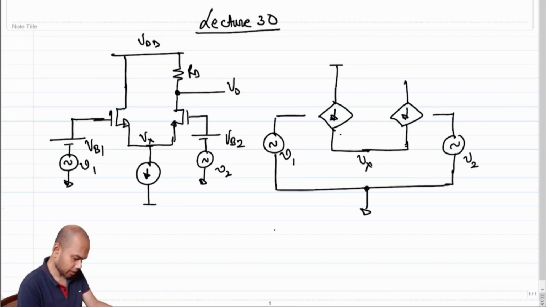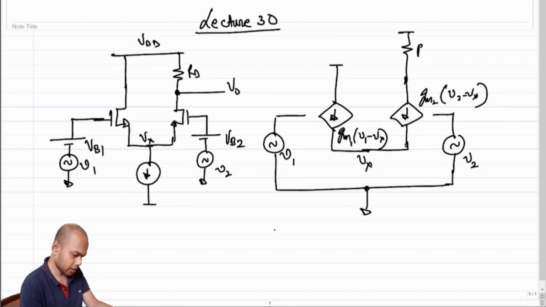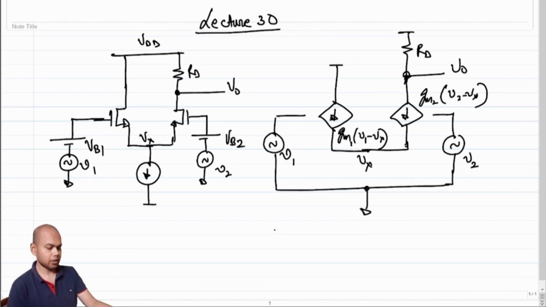So this current becomes Gm1 (V1 minus Vx), and the other current becomes Gm2 (V2 minus Vx), and this goes into the load resistance Rd, right? So this was the incremental equivalent of our structure, and we are getting the output from this node, right?